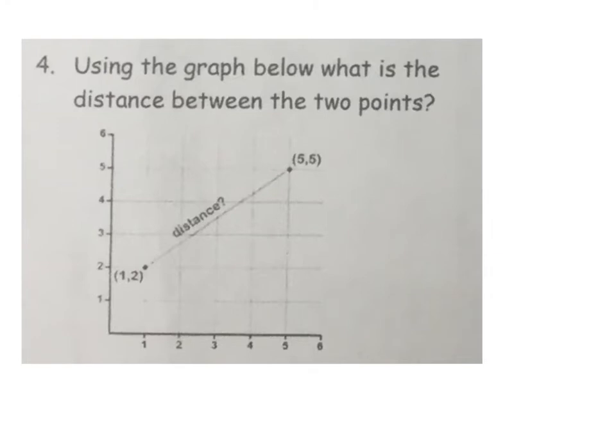Okay, number 4, using the graph below, what is the distance between the 2 points? So the distance between the 2 points is what we're looking at here. What we can do is from this point to that point, we can make a right triangle. There.